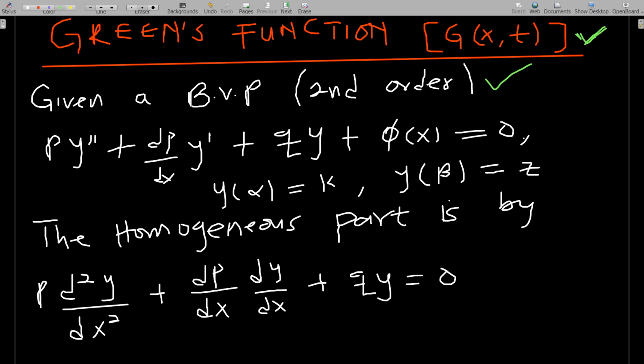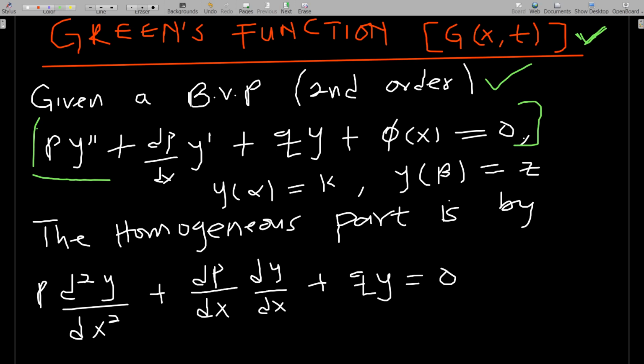Alright, so if you have a BVP like this, a second order one, p y double prime plus del p del x y prime plus q y plus phi of x equals 0.